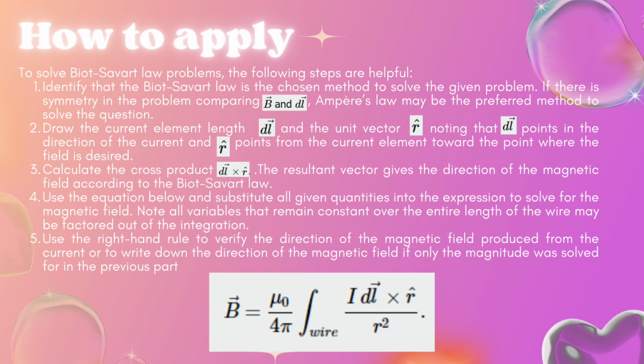For the fifth and last, use the right-hand rule to verify the direction of the magnetic field produced from the current or to write down the direction of the magnetic field if only the magnitude was solved for in the previous part. And now we will proceed to the example of a Biot-Savart law problem.